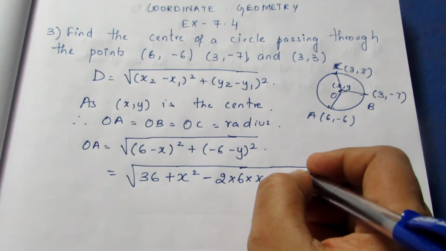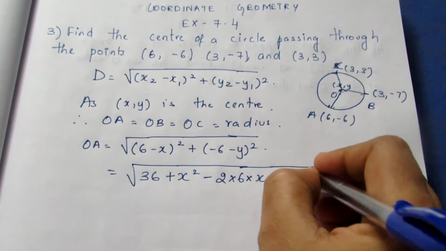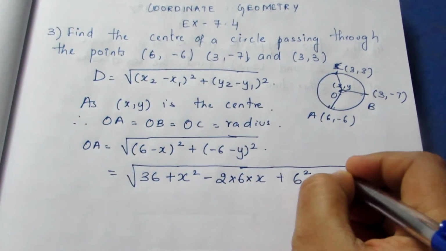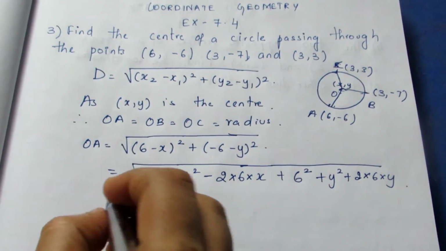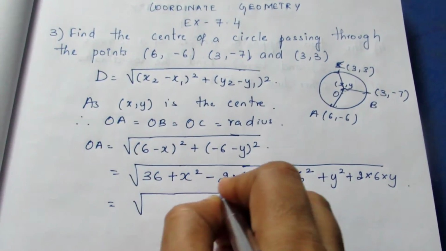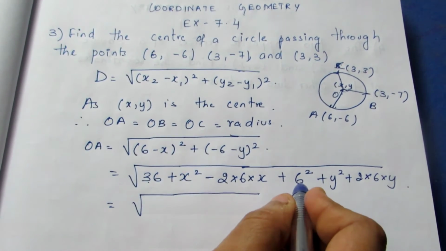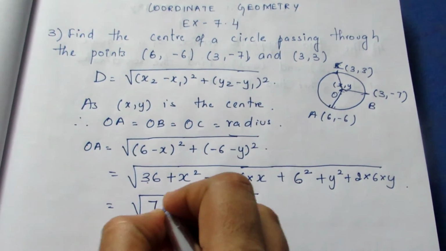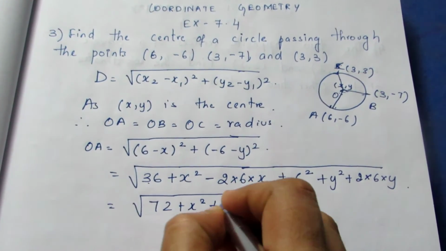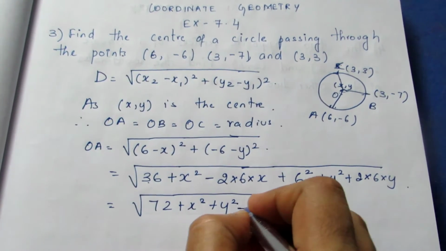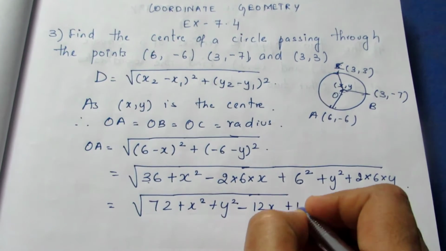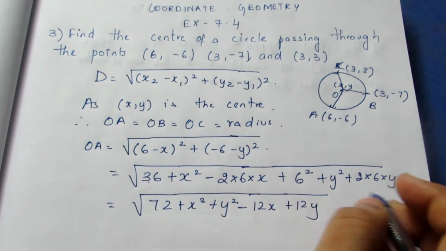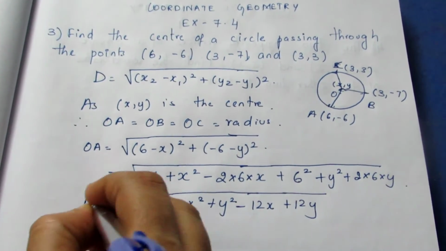That is 6 square plus y square plus 2 into 6 into y. Here solve the like terms. This becomes 36 plus 36 is 72, plus x square plus y square minus 12x plus 12y. So this is the OA value.